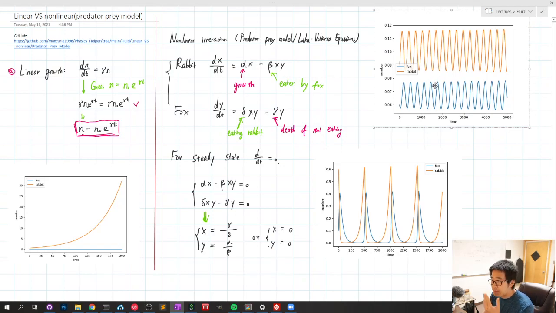So mapping back into a fluid dynamics or plasma physics scenario, we can imagine two modes competing for a driving term, and they ultimately saturate at a certain level, just like that.